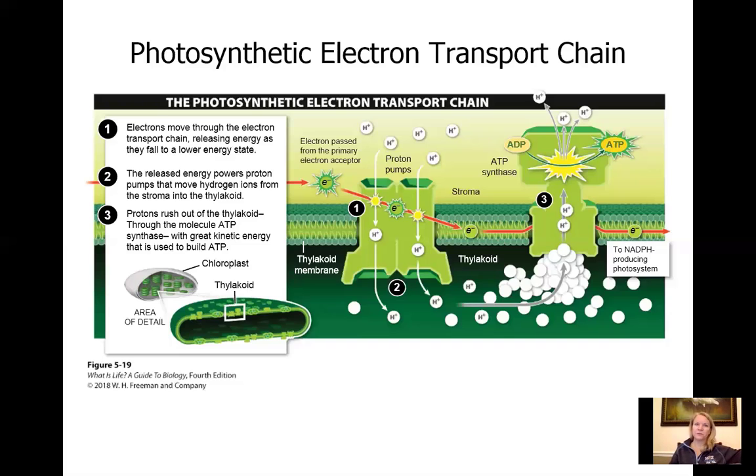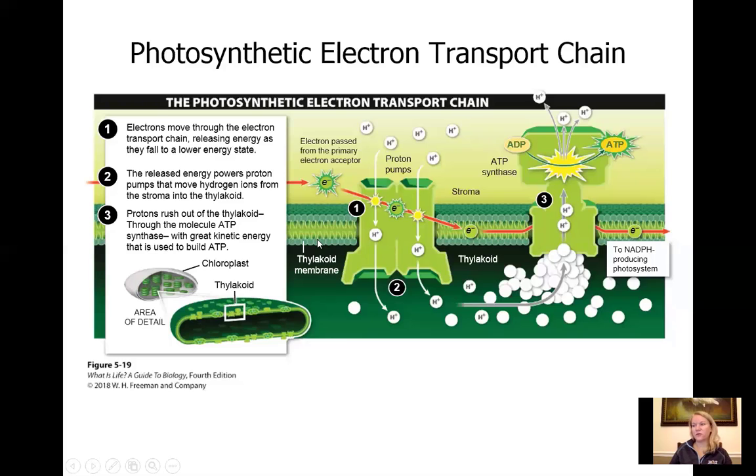Remember that moving toward entropy, or that idea that every time, the energy just kind of gets lost a little bit along the way. So you have this higher, excited, more energetic electron because it got that energy from the sun, but as it goes on, it does work. It has the capacity to do work, and every time it does some work, it loses a little bit of energy.